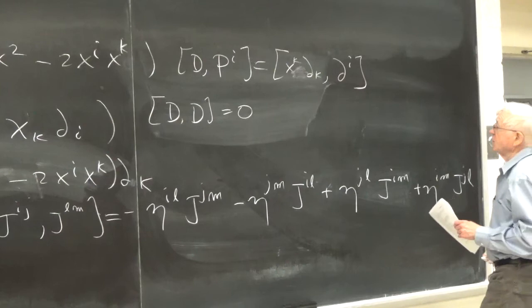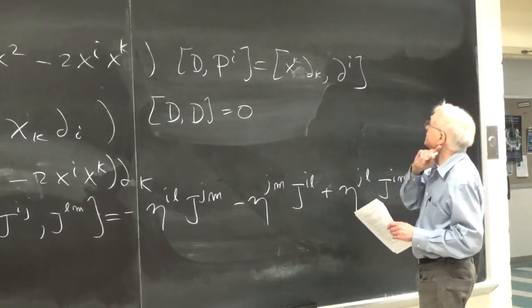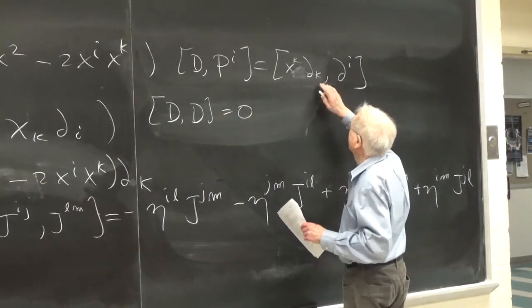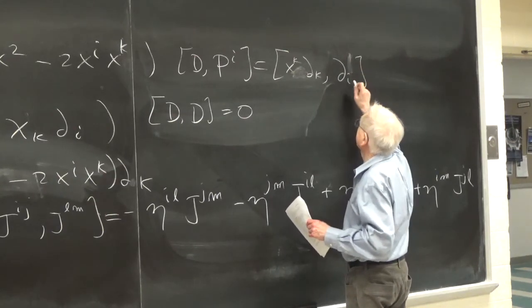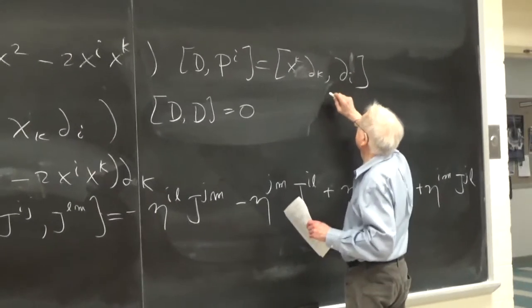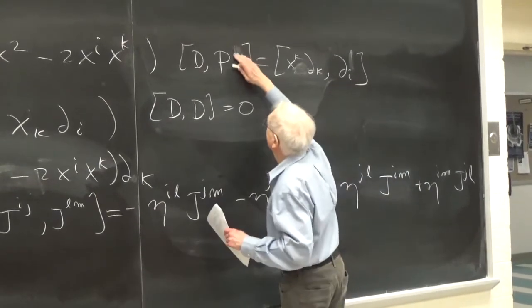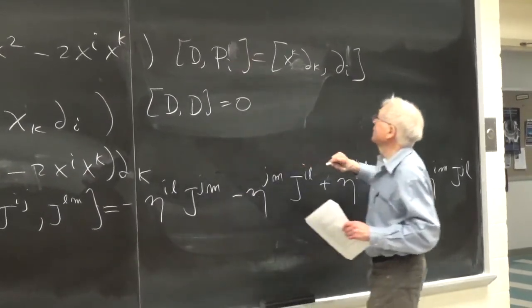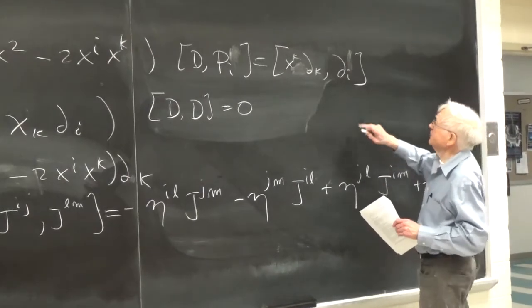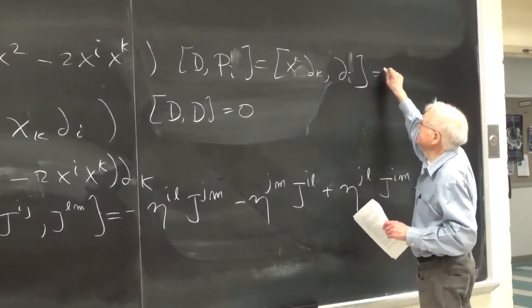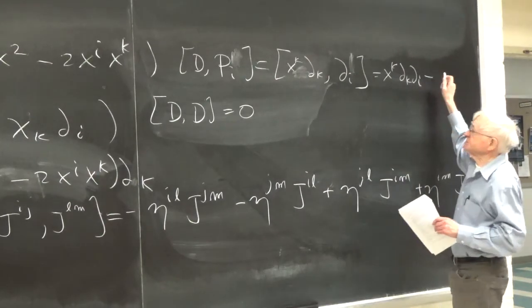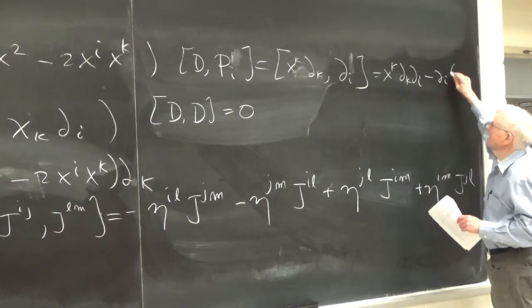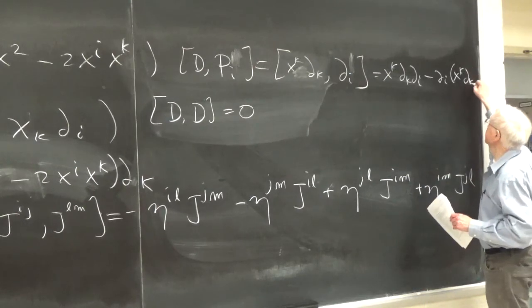So how does this go? All right, let's lower this one, just to make things simple. So this one is x^k d_k d_i minus d_i of x^k d_k.